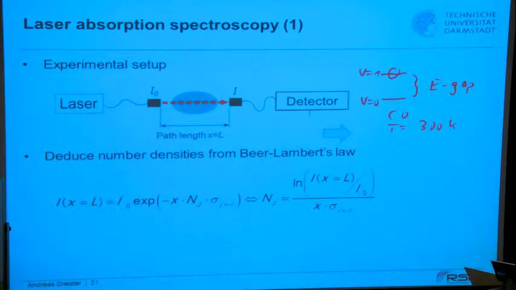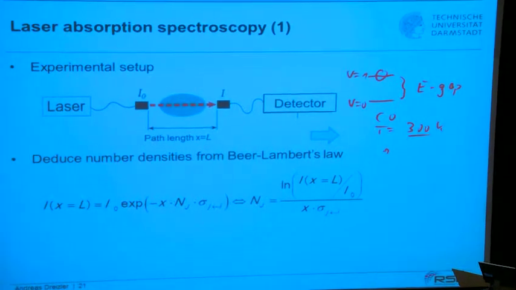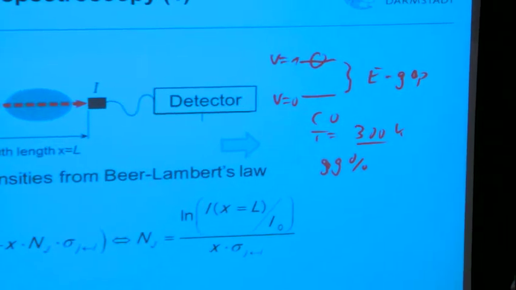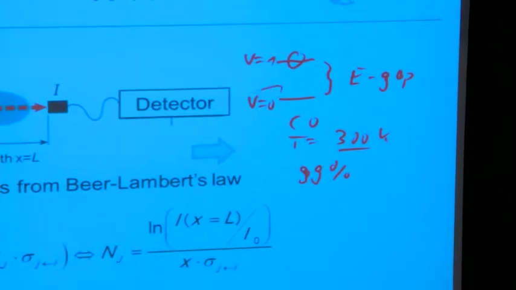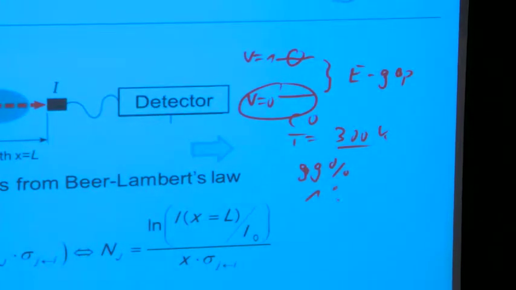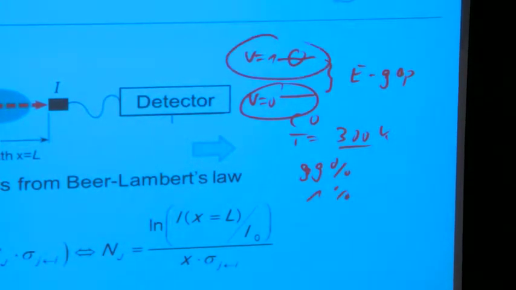Then at 300 Kelvin, I make a guess now, I would have to calculate that precisely, but to illustrate, you would have something like 99% of the molecules in your probe volume in the vibrational ground state, and only, let's say, 1% or less in the vibrational excited state.